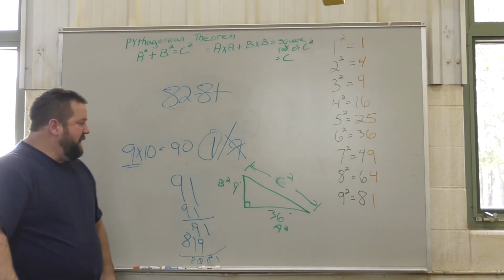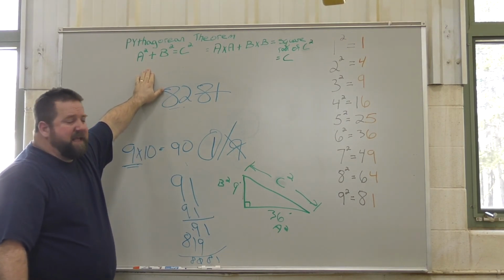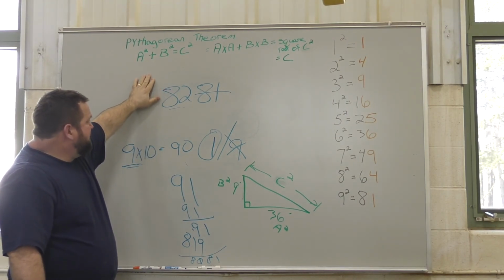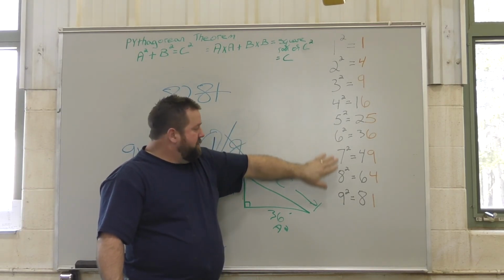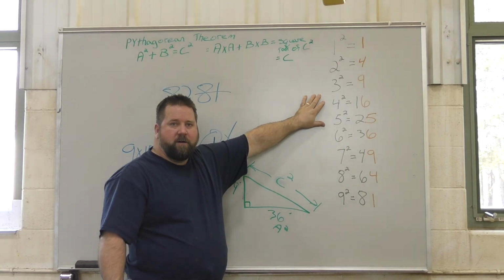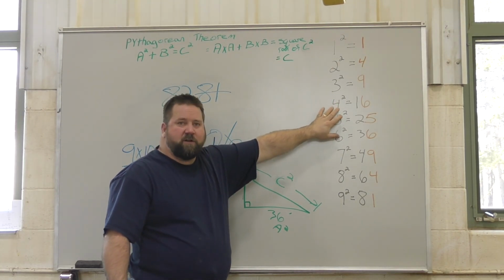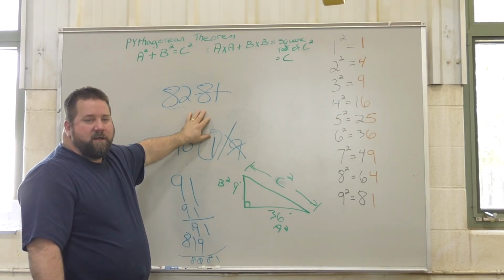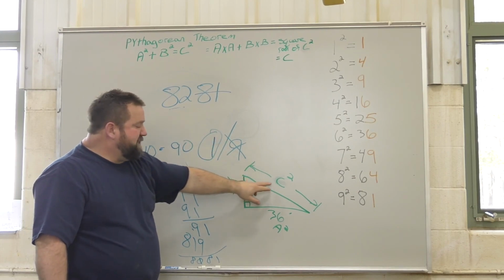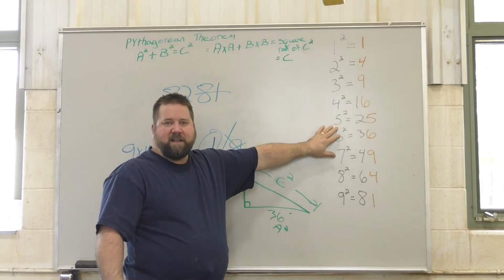And this method I just showed you, using these simple black and orange numbers, is a simple way to find out if C happens to be a whole number.